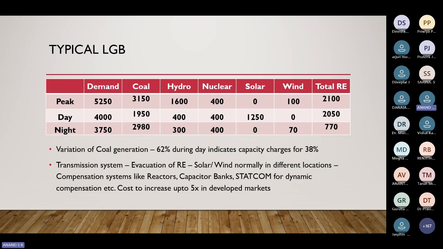If I require, I can take say 20, 21 or 22 million units, but it has to be compensated on some other day to maintain the water availability for the remaining period of the year. So the transmission system also, we have already discussed that cost can increase up to 5x in the worst case, and it has gone to 5x in developed markets in Europe and US.